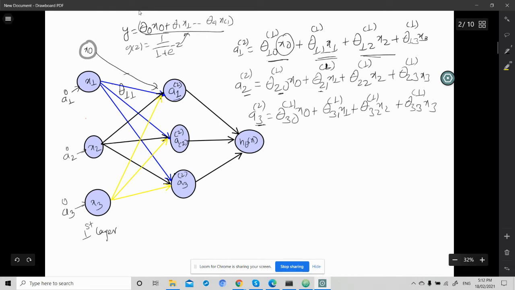Now a1, a2 and a3 become the input for my final output variable. So this is the first layer, this is the second layer, this is my final output layer.